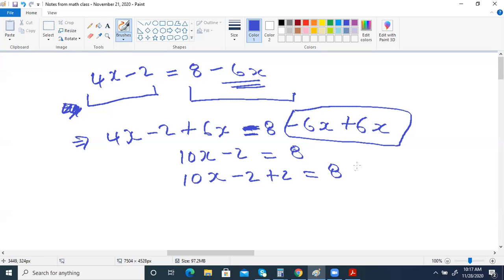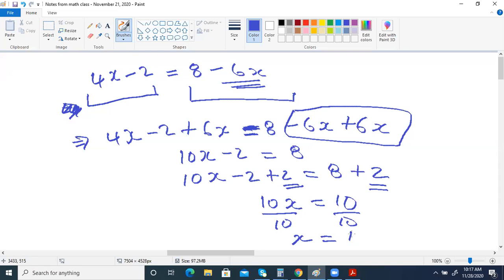Then we have the 8, and then we'll add 2 to both sides. So minus 2 plus 2 is 0. So we just have 10x by itself now. And then 8 plus 2 is 10. Then we divide both sides by 10 to get x by itself. This becomes x equal 1. See that? Everybody see that?